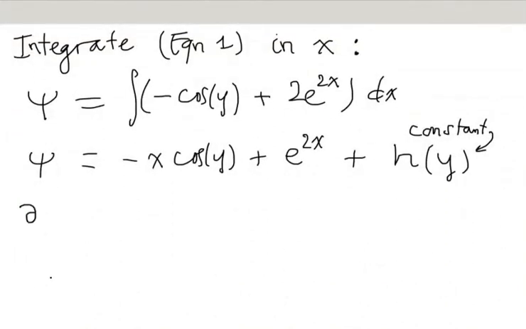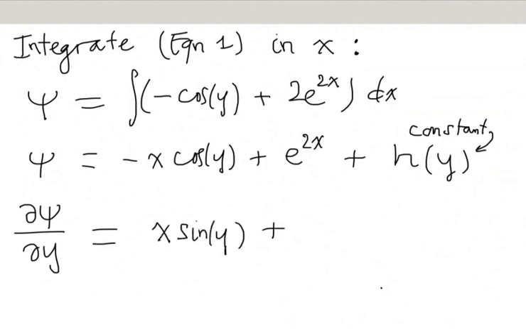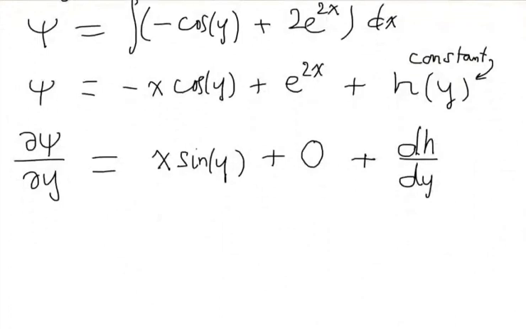So this implies that partial psi partial y, if I take the derivative in y, I would have minus x times minus sine y, which simplifies to x sine y, plus the derivative of e to 2x in the variable y would be 0. And over here, I have dh dy, because when I take the derivative of a function in y, I just have dh dy.